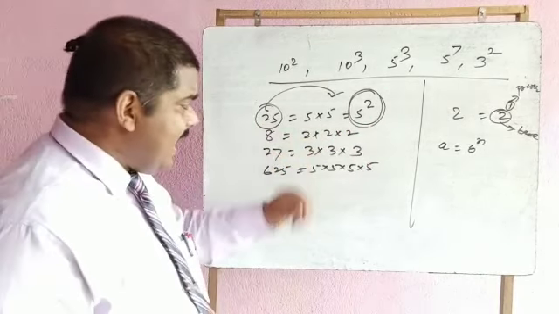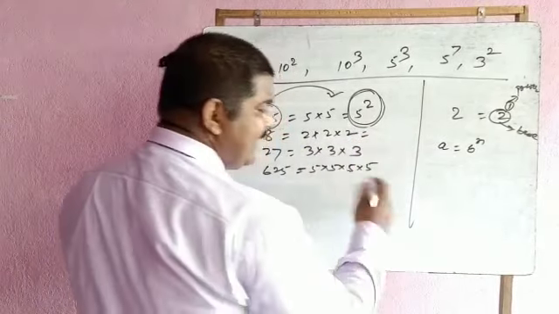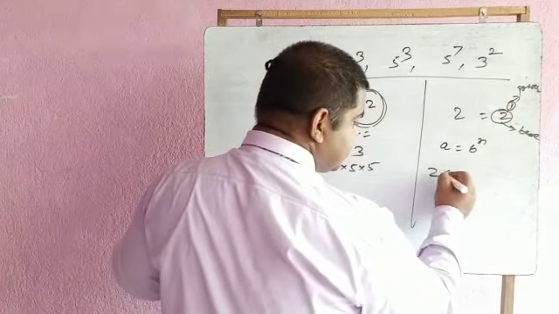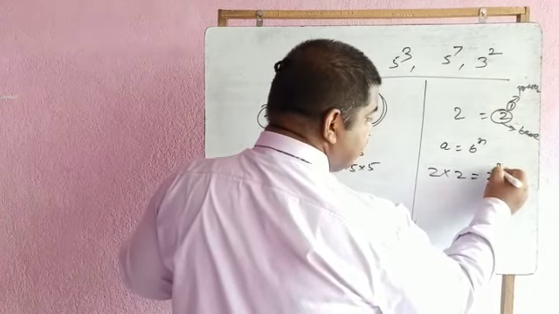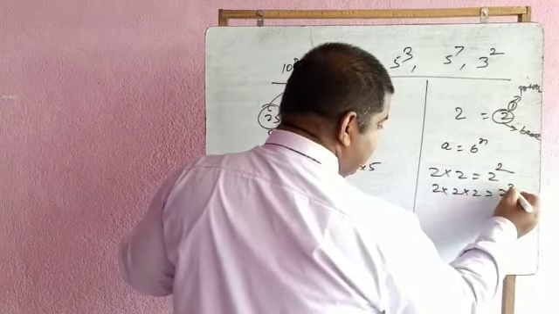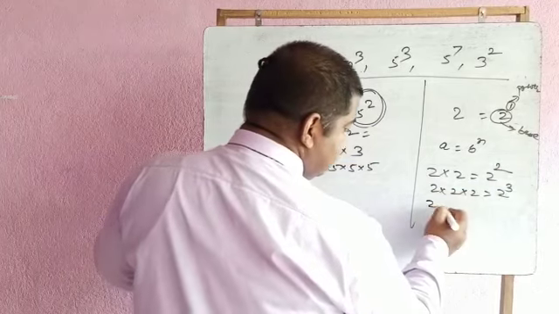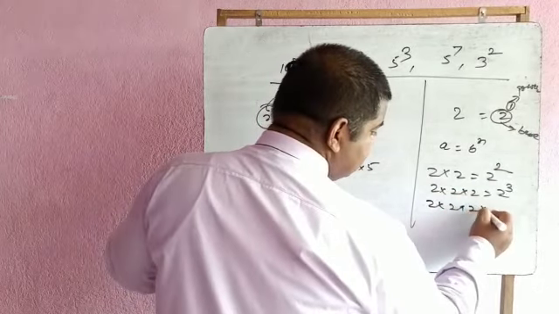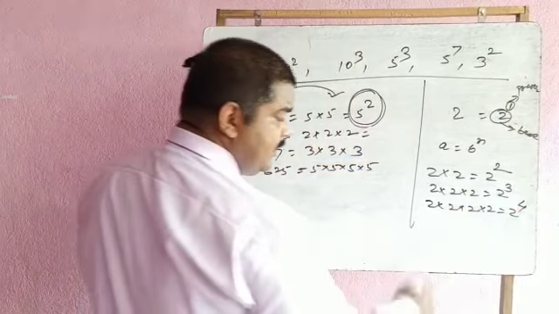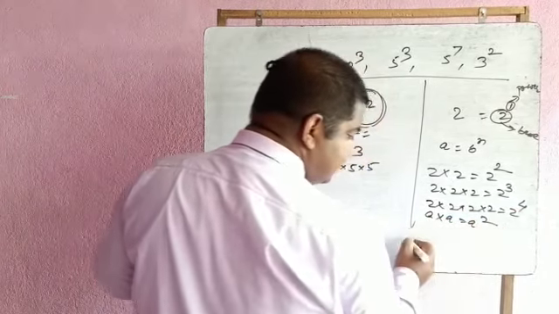8 can be written as 2 into 2 into 2. When a number is multiplied 2 times, we say square. If it is multiplied 3 times, then cube, or simply raised to the power 3. If it is multiplied 4 times, then 2 raised to the power 4. If a is multiplied 2 times, then a square.